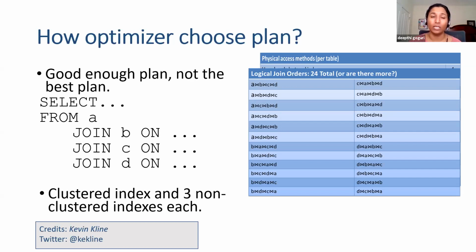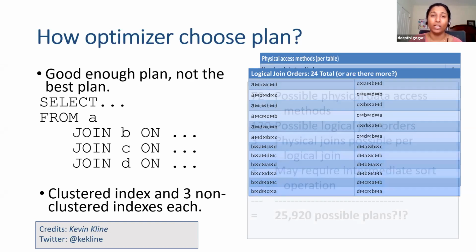In that case, the optimizer will reorder the join so that the join between B to C goes to the front of the statement, and the join between A to B goes to the back of it. Why does the optimizer do that? Because it wants to grab the results as quickly as possible. Such kinds of logical join orders, 24 of them, it has to analyze to get that best plan.